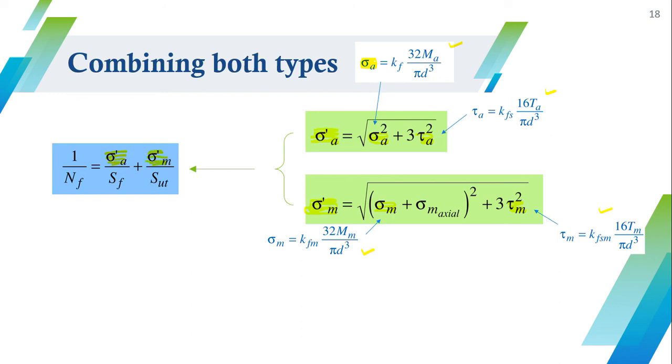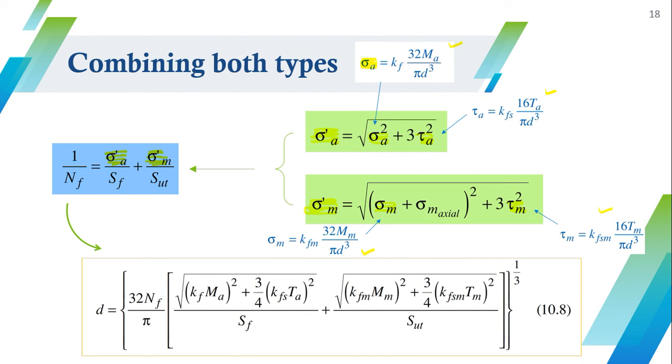So it will be a large expression, and when we manipulate everything to find the diameter of the shaft, because inside each of these expressions we have d, this diameter is what we are after. This is what we want to calculate. So I take this diameter on the left hand side and shift everything to the right hand side.